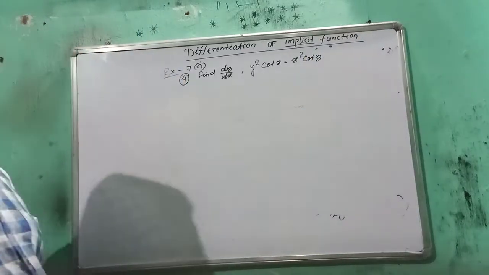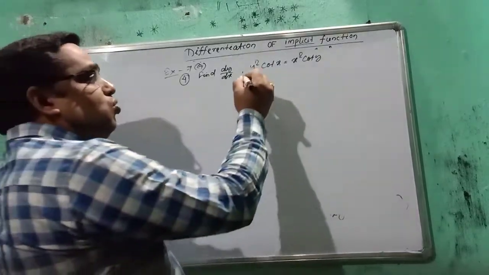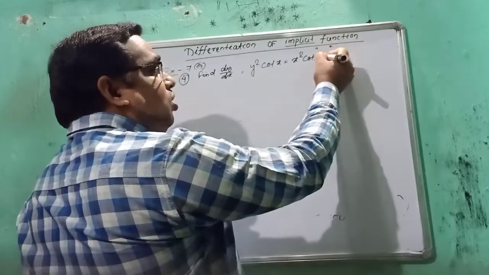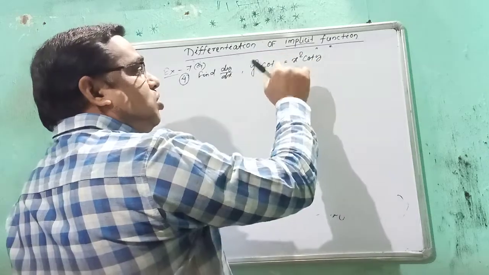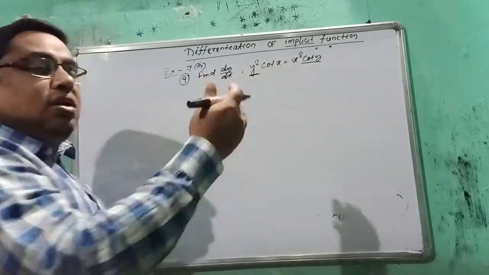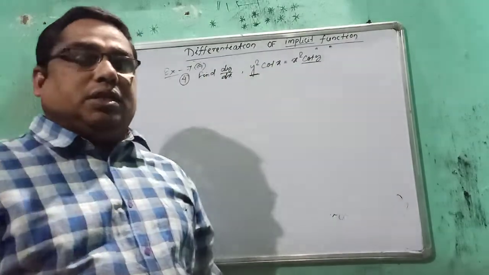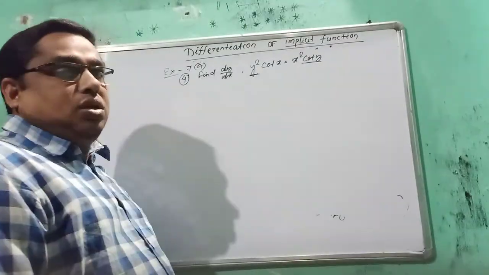Here in this equation, first you want to see whether it is implicit or explicit. Clearly it is an implicit function, because here the function cot y is a term of y square, and we cannot express y in terms of x. So this type of function is known as an implicit function.